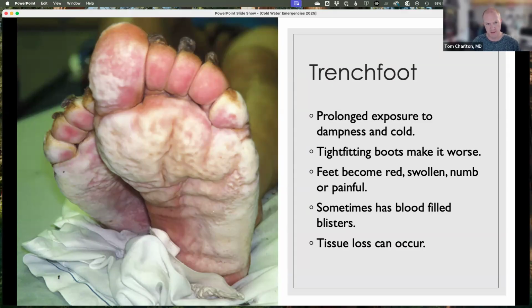It's rare nowadays, but sometimes we still need to do amputations because of secondarily infected trench foot. But luckily, most of the time, we're able to get these folks warm and dry and in a better housing situation, et cetera, to salvage their extremity.